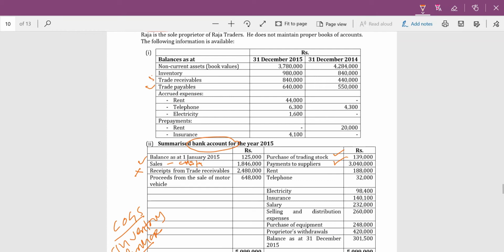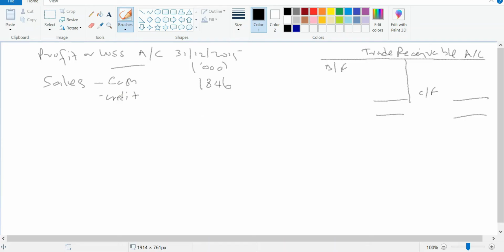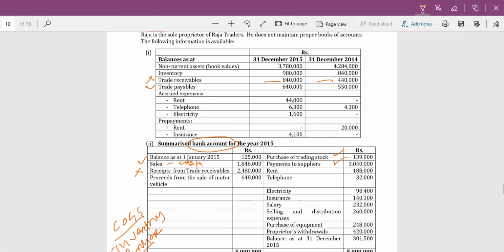Trade receivable: opening balance 440,000, and closing balance is 840,000. How much has been received during the period? 2,480,000.